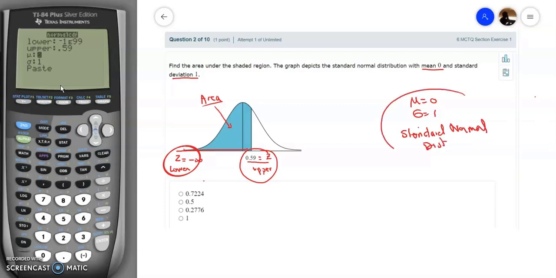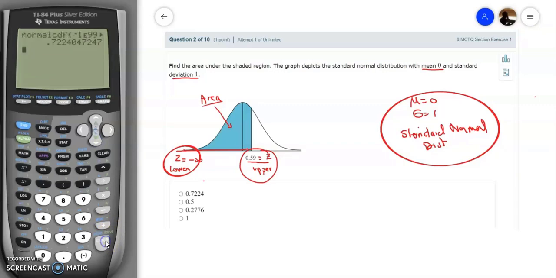So the mean is 0 and sigma is 1. We keep it, press enter and enter again, and we get 0.7224. So this is the area that we are looking for.